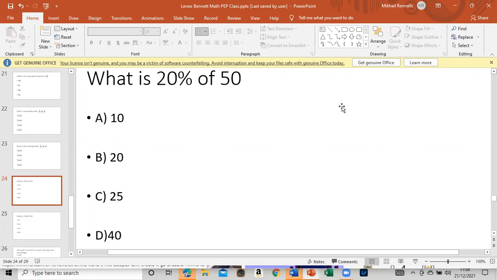No, it's not 40. 20% is the same as dividing by 5, because 100 divided by 20 gives you 5. So it's actually 10. But I guess we have to review this. I didn't expect you guys to struggle a bit on this. Look at this one now. Sir, it's 10. Yes, it's 10. Very good.